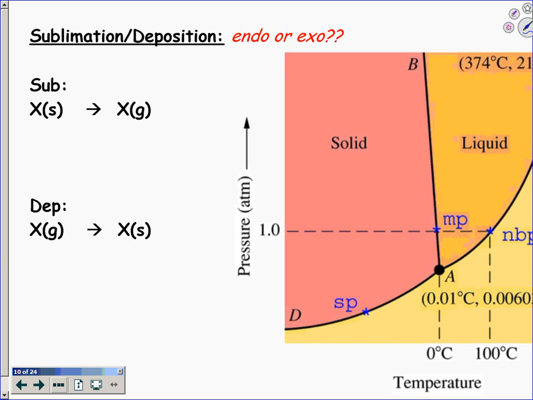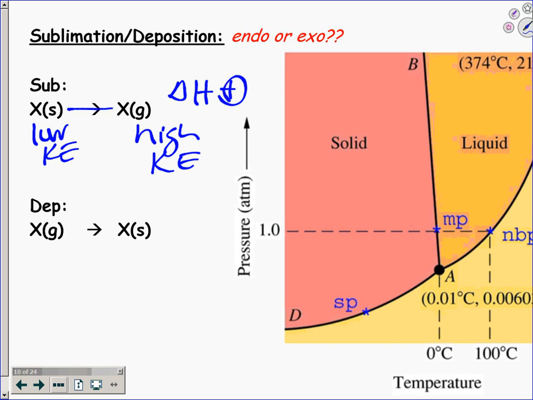All right, Corbin's table will help me out with sublimation. We're going from what energy? Low kinetic energy to what? High kinetic energy, so endo or exo? Say again? Endo, so this process requires energy, so we're putting energy into the process overall.